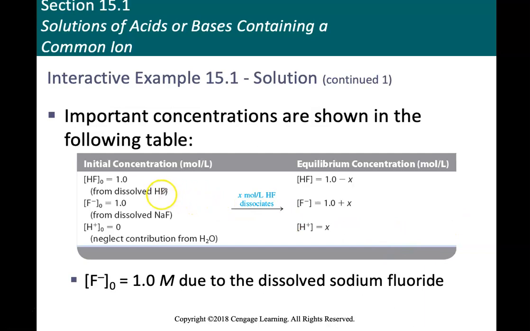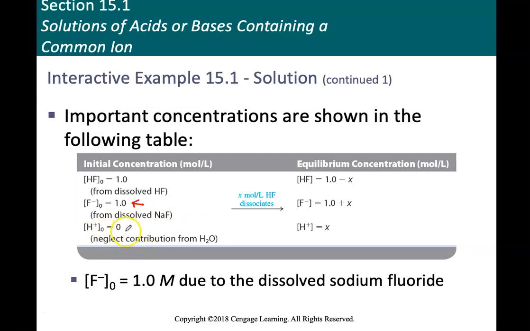Okay, so what we can do is set up the ICE table. The initial concentration of HF is 1 molar. The initial concentration of fluoride ion is 1 molar. Notice that this comes from the salt, NaF, and the initial concentration of H plus is 0.